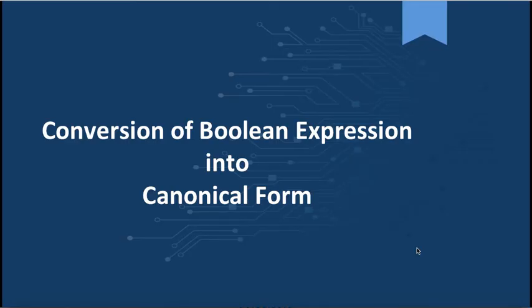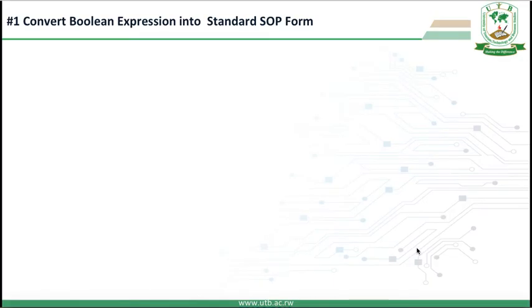Let's see the next one. Now we are going to convert a randomly given Boolean expression into canonical form. Canonical form is also known as standard form. So let's see, convert a Boolean expression into standard SOP form. I repeat, not only standard form, standard product term, standard sum of product term. This is an example.